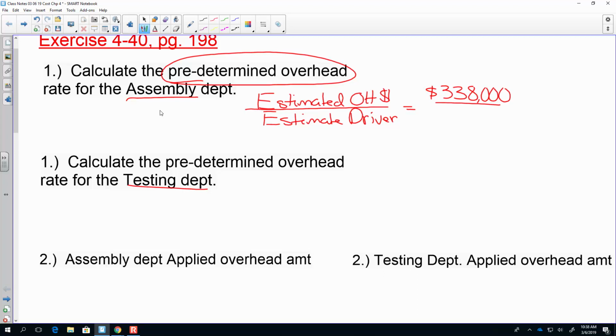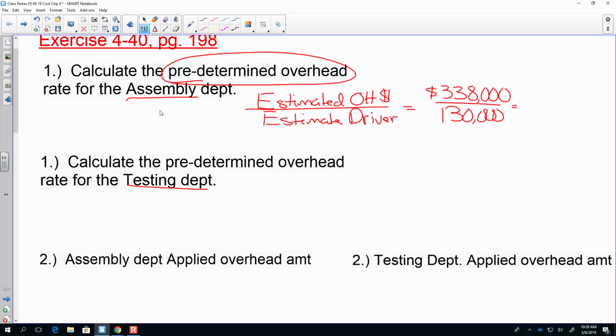For the assembly, what would be a good driver? Labor hours. Yeah, the labor hours, right, which is at 130. And Ruby, do you have that amount? What's the rate then? Is it 130? Can you give me the rate? Oh, you need the rate. Sorry.